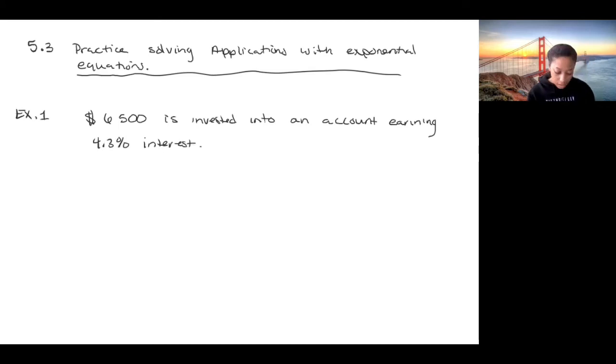We'll do this a couple of different ways. So first, if interest is compounded quarterly, how long will it take for the investment to double?